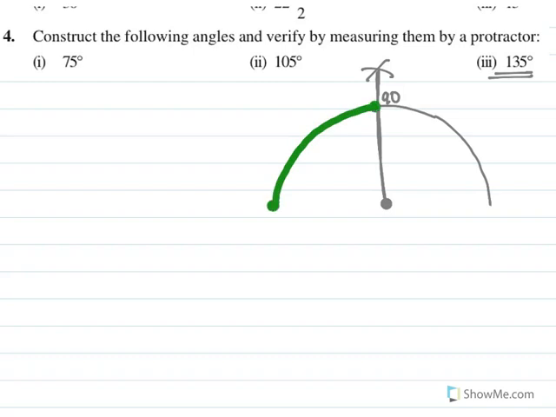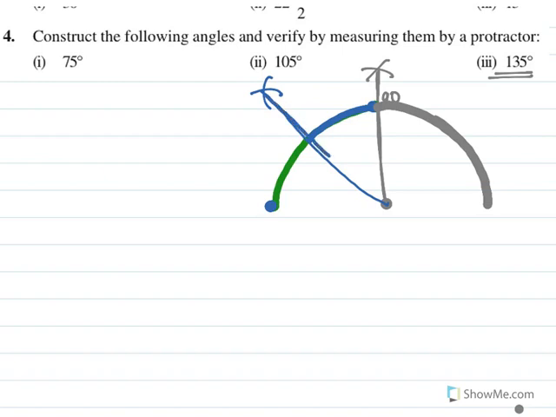And if you bisect this arc, keep your compass here and here, and you bisect it, this region will be 45. So what you will get now is 90. From here to here is 90 plus this 45, and 90 plus 45 is 135.